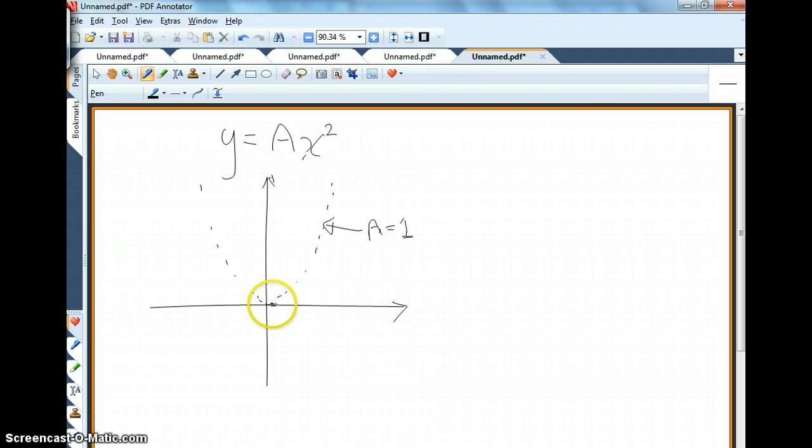If I wanted to make the parabola wider, like this, what's a going to equal? Have a guess.